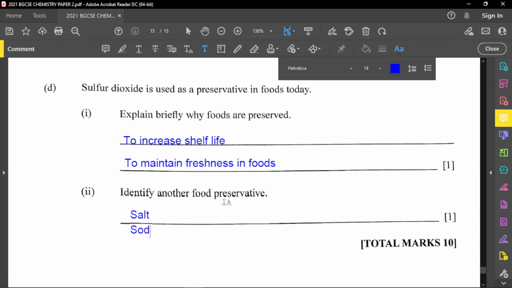Also, we have potassium sorbate. That's a common one. Okay, so yes, that's another one there.